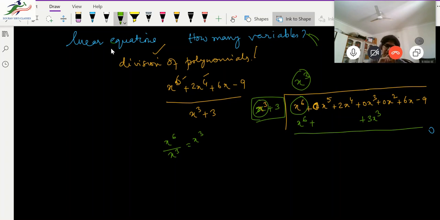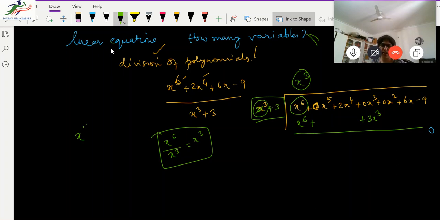Sir, it'll be x raised to the power 2. Which one? The first one, because if we multiply the whole equation, then it'll become... No, I know it's 6. We take 6 minus 3, is 3.